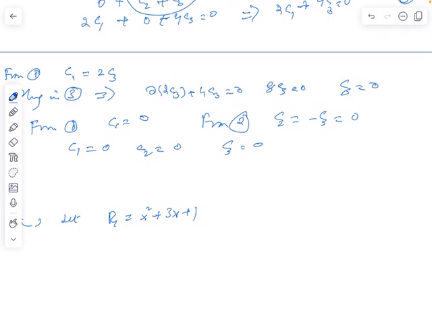And then P2 is equal to x squared plus x minus 1. And P3 is equal to 4x.